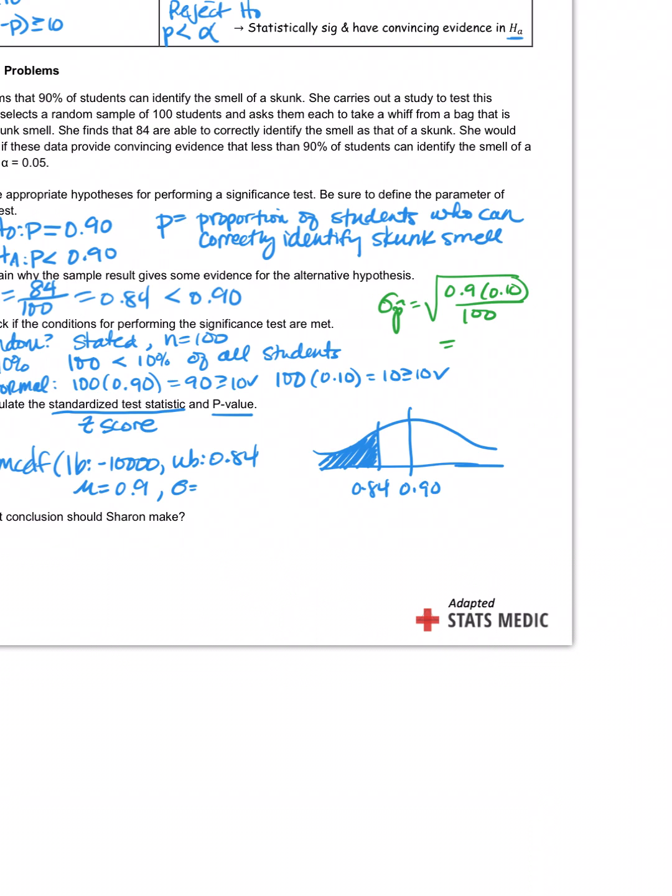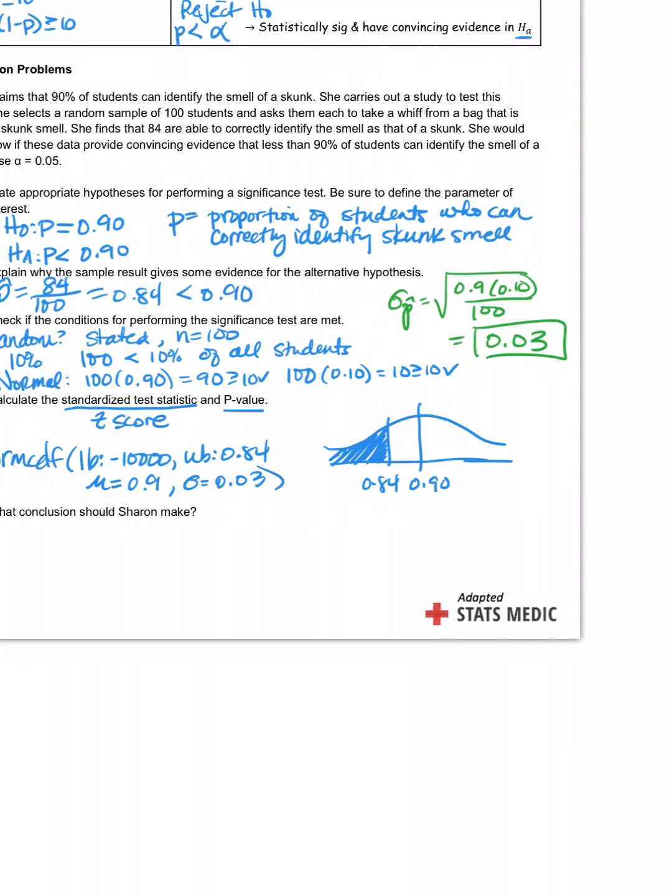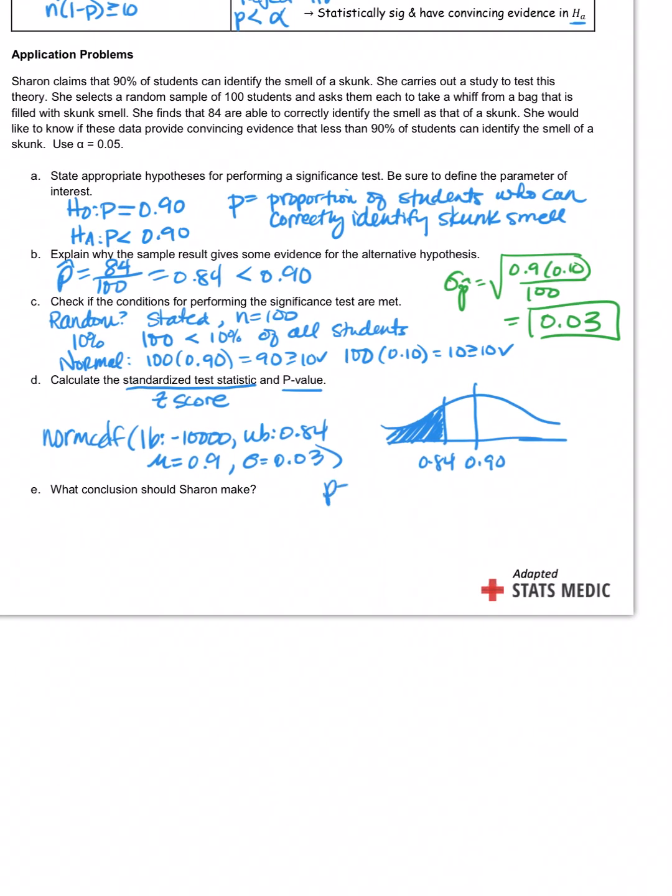See if I can remember to take the square root this time. Okay, yeah, this one comes out nice and neat. 0.03. Alrighty. When I do all that, I'm going to get my p-value. That area comes out to be 0.0228.